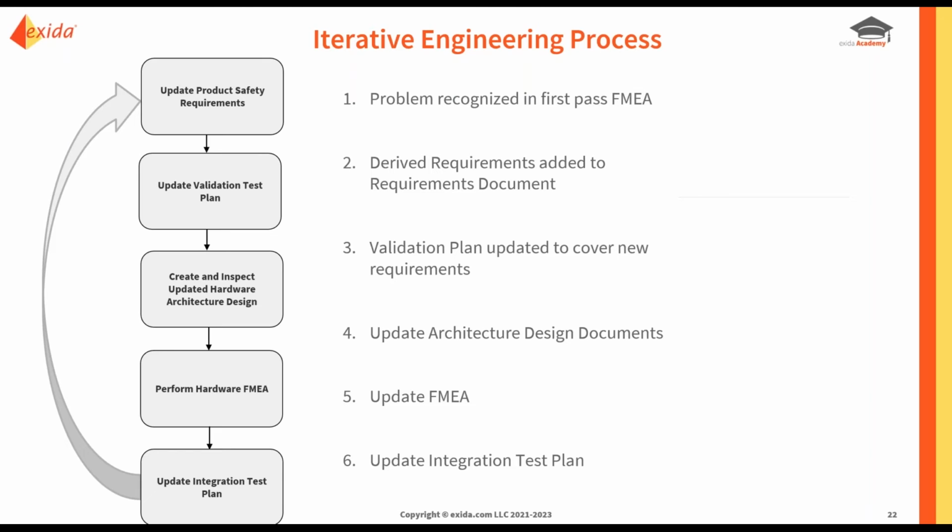Then we updated our architecture design in step 4. Then we have to update our FMEA and our integration test plan. And hopefully this time we won't find any more design changes, or we might and we iterate another loop. That's just development. So remember that when you're estimating your schedules.